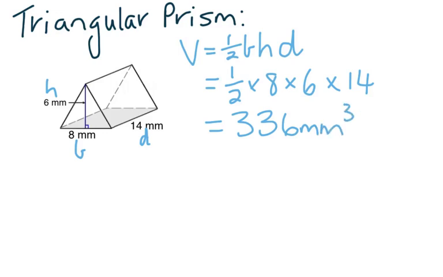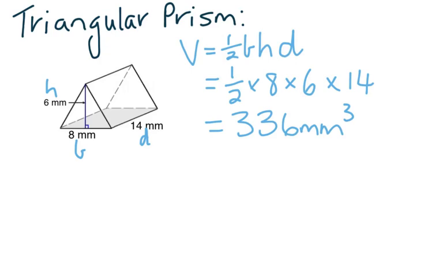So again, all I did there was find the area of that triangle and then I multiplied it by the depth. Now, it's important that you do remember that the area of the base or the front is whatever type of prism it is.